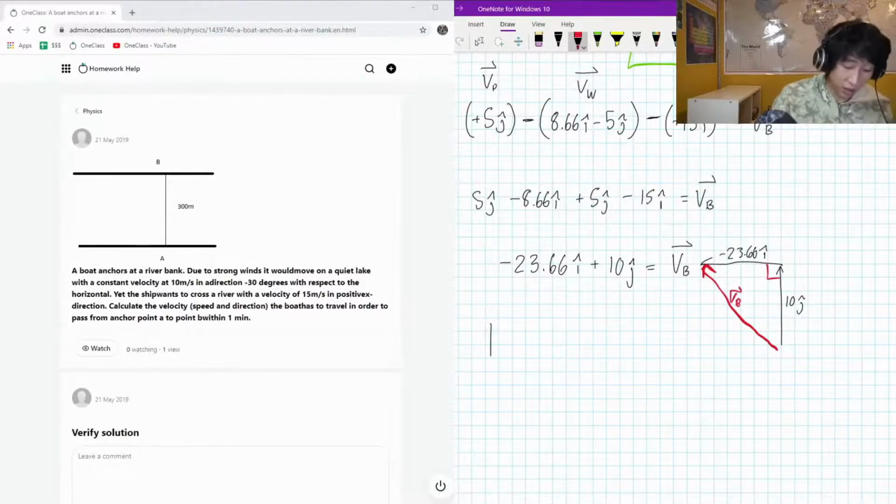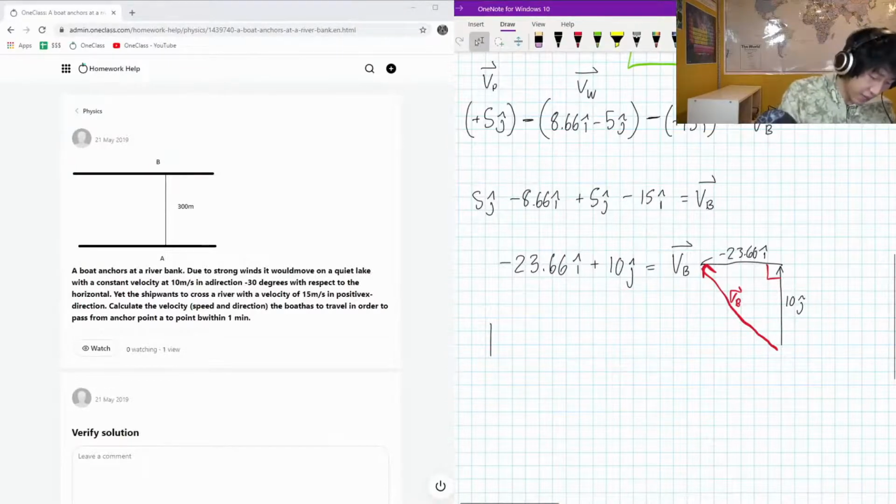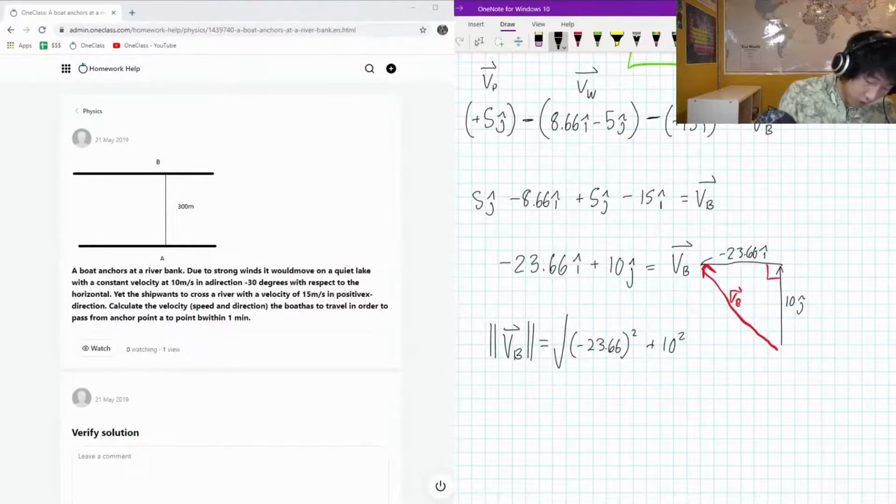Given that it's a right angle triangle, here we will have to do Pythagoras Theorem to get the magnitude of VB. And to write that in a mathematics sense, we have a situation like this. So these double absolute values represent the magnitude of the vector. We're going to put it under the root, and we will Pythagoras this theorem. 23.66, square that, plus 10, square that, all under the root.